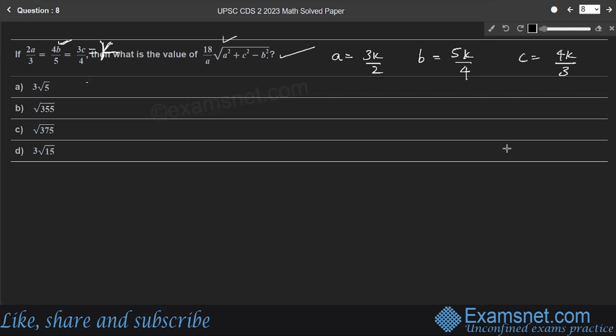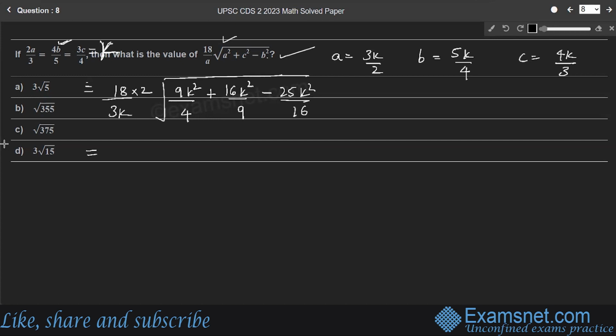So the given expression, 18 by A, where A is 3K by 2, this 2 goes to the numerator, into the root of A square. A square is 3K by 2 the whole square, which is 9K square by 4, plus C square is 4K by 3 the whole square, 16K square by 9, minus B square is 5K by 4 the whole square, which is 25K square by 16. So 3 into 6, it becomes 12 by K into the root of.